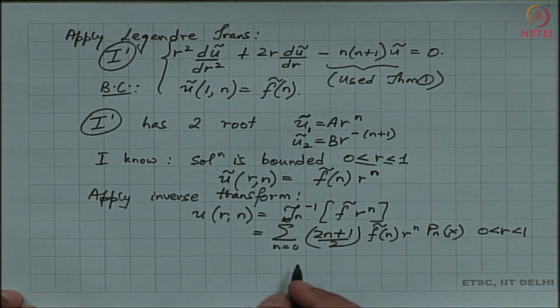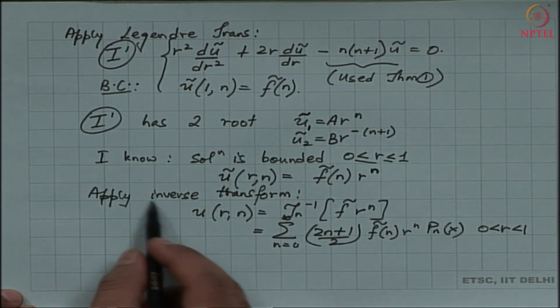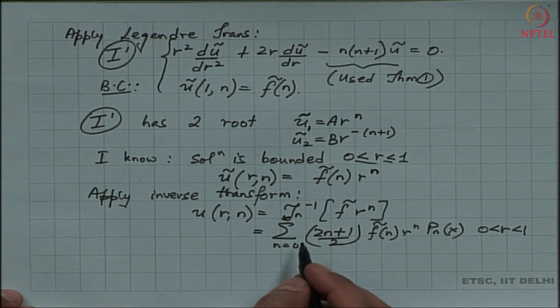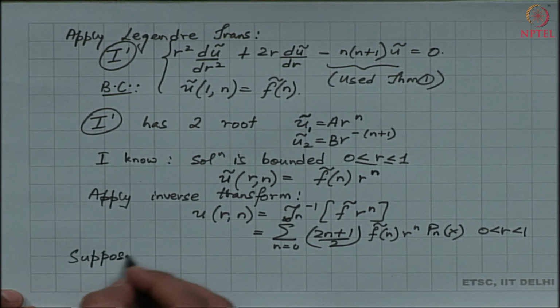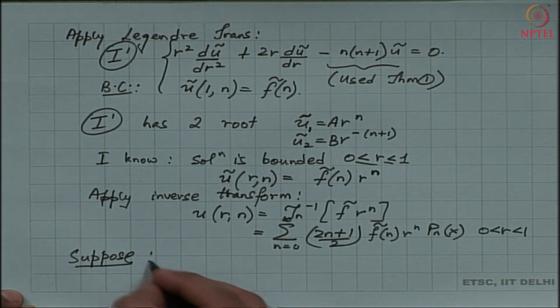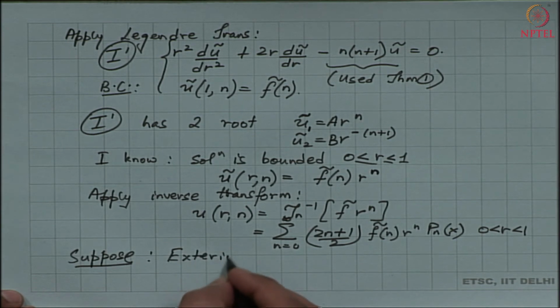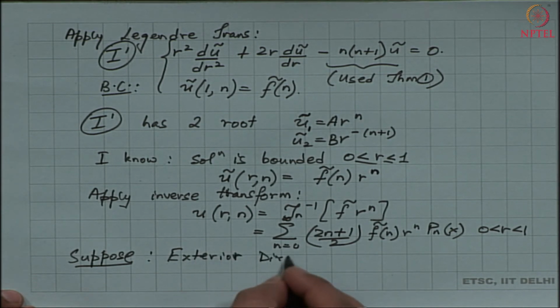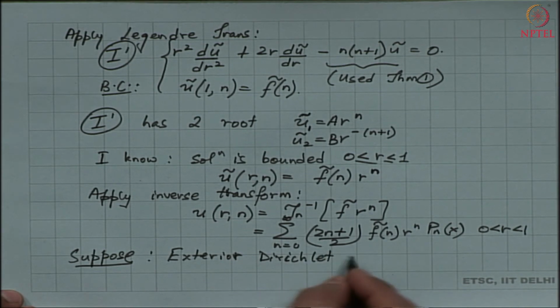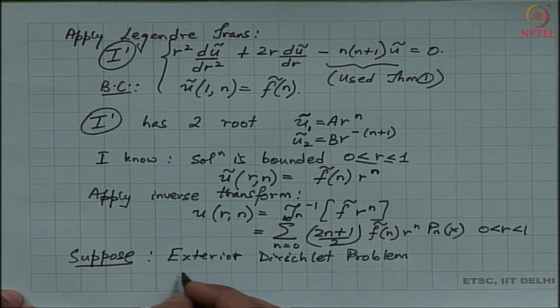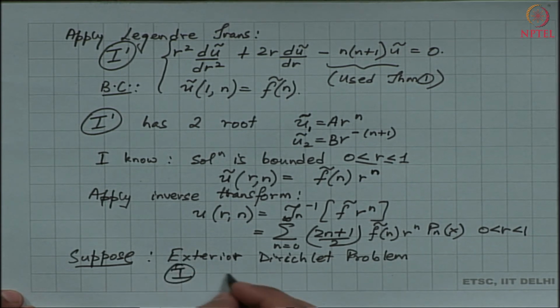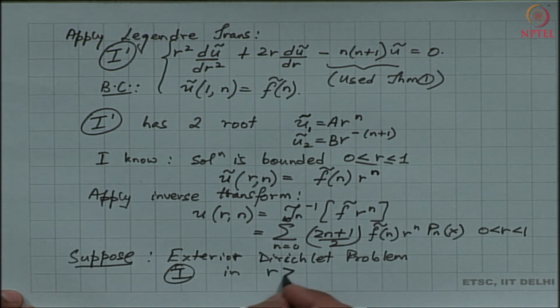Now, that completes the solution to this problem, but before I end this example, I want to highlight that suppose I were to solve the complement of this problem, also known as the exterior Dirichlet problem, that is, in the domain r greater than 1.